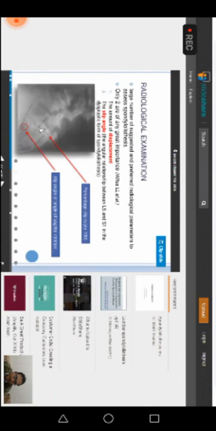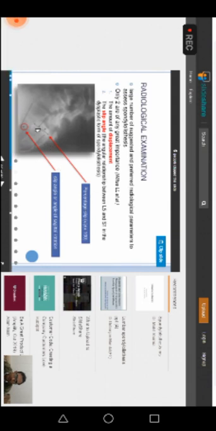So that is the X line and Y line. So there is a formula for knowing the exact percentage of the slip: X divided by Y into 100. That would be the exact percentage of displacement present.